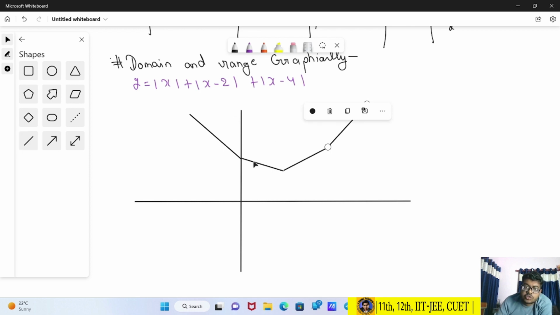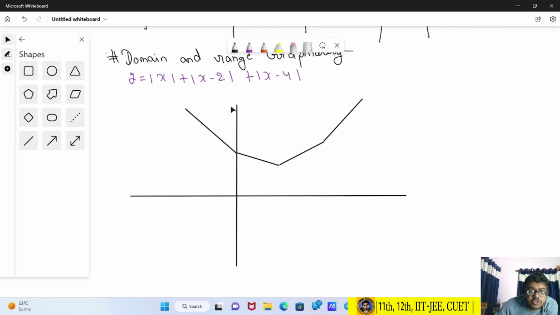So these are three turning points. This is x is equal to 0, this is x is equal to 2, and this is x is equal to 4.